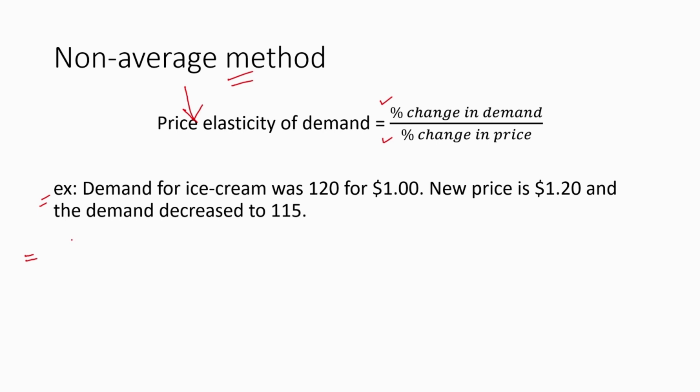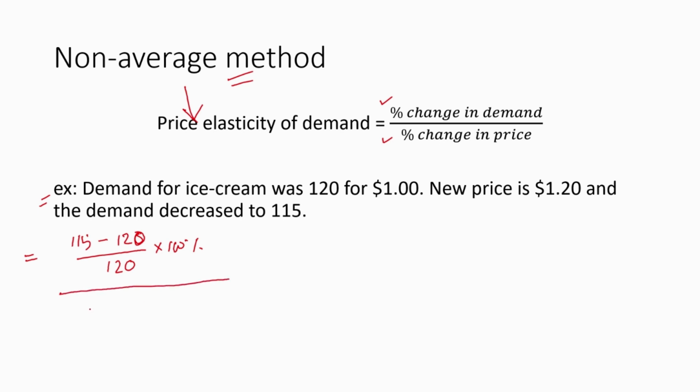The percentage change in demand is the new value 115 minus the previous value 120, divided by the previous value 120, multiplied by 100%. This is the numerator of the price elasticity of demand.